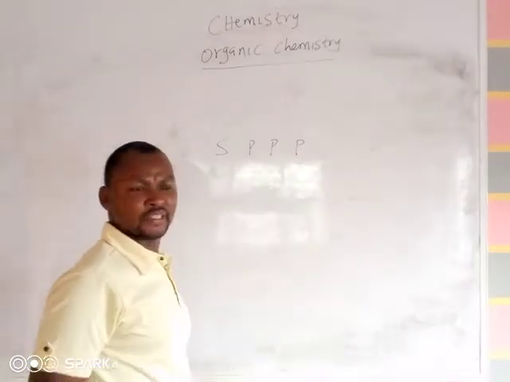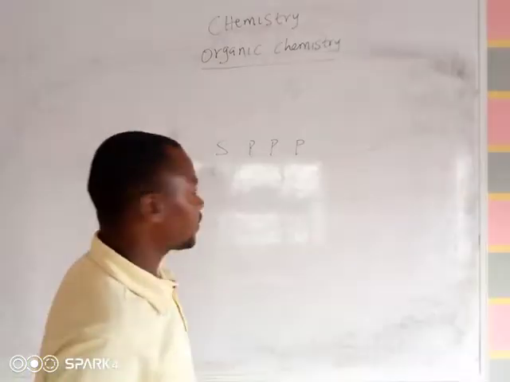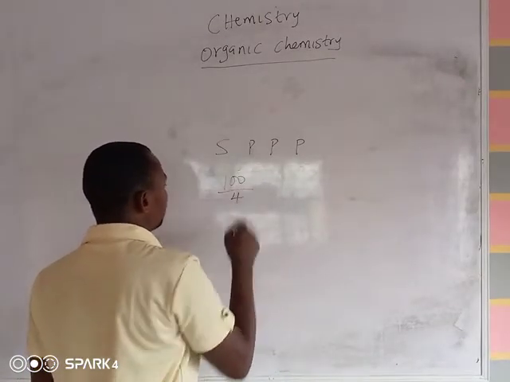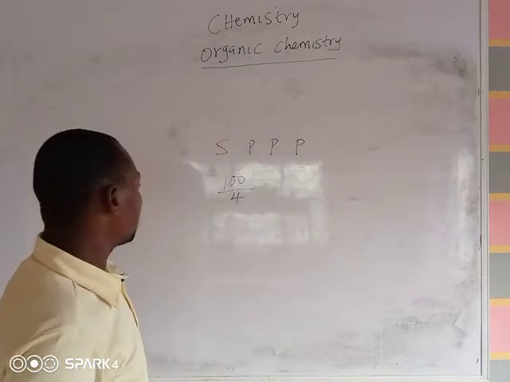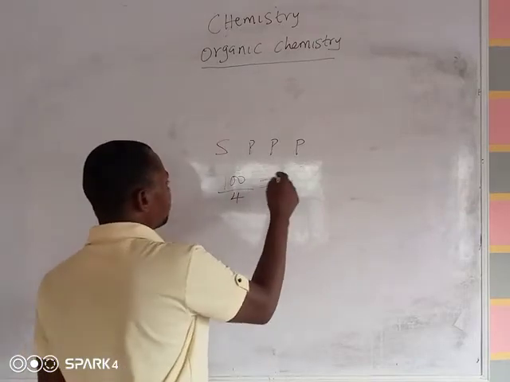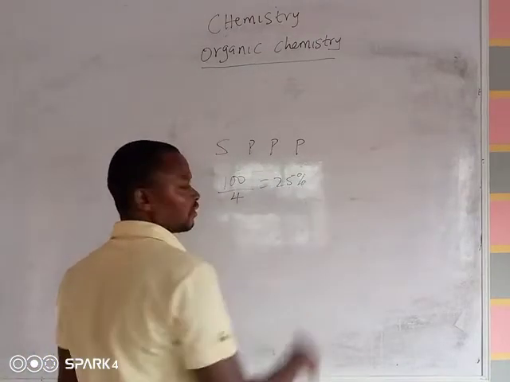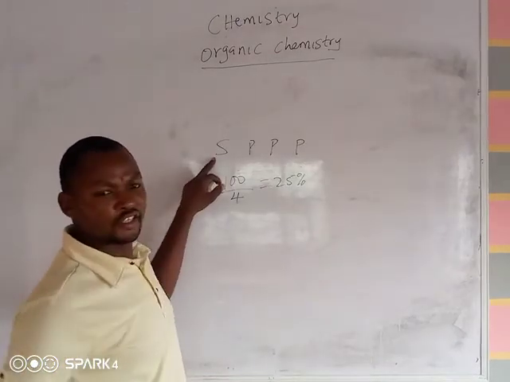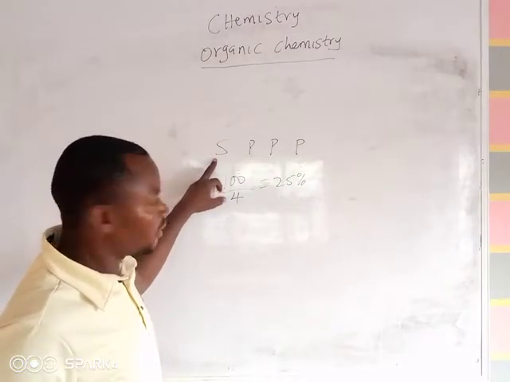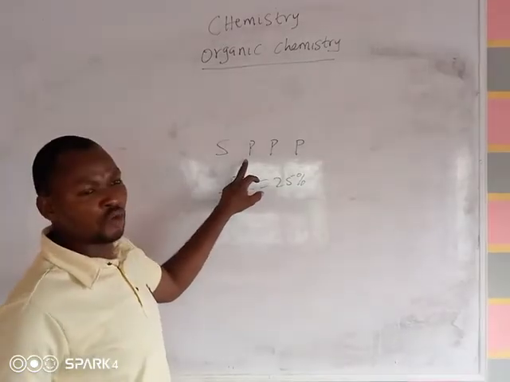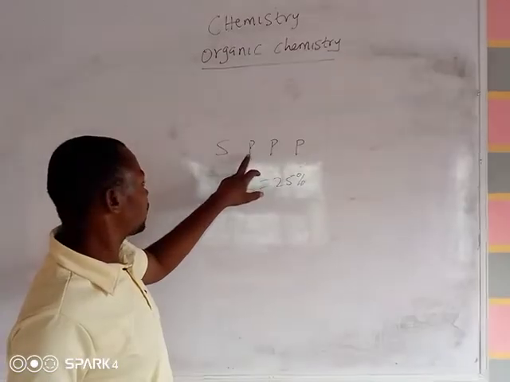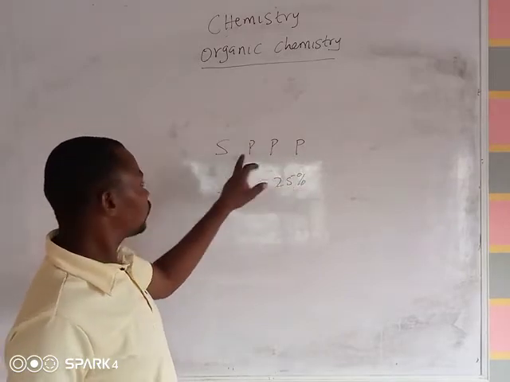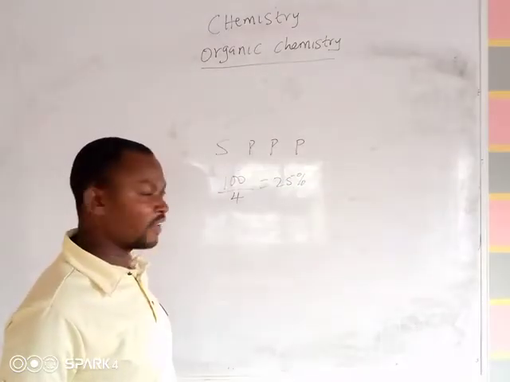Now, if you check well, it means that we are having 1, 2, 3, 4. So by percentage, we are having 100 over 4, that means we are having 25%. So the percentage of S character is 25%. While the percentage of P, since this one is 25, this one is also 25, and this 25, 25 times 3 will give us 75%.